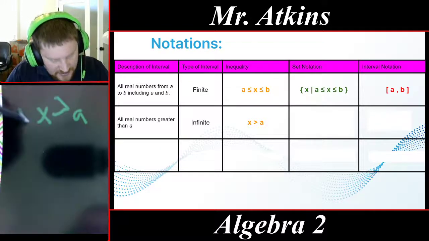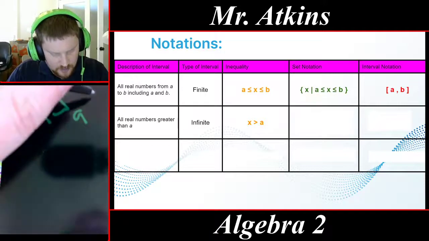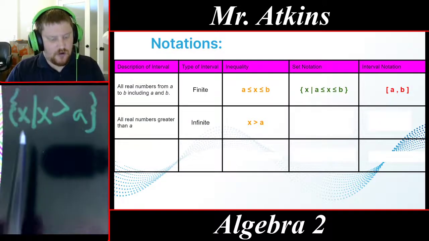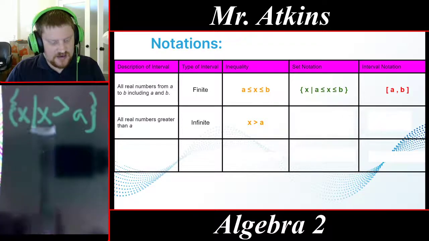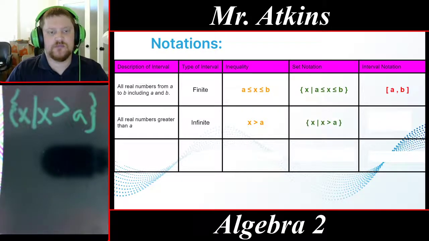We just have our x such that, and then we enclose it in our brackets. So, x such that x is greater than A. So all numbers x where x is bigger than A.